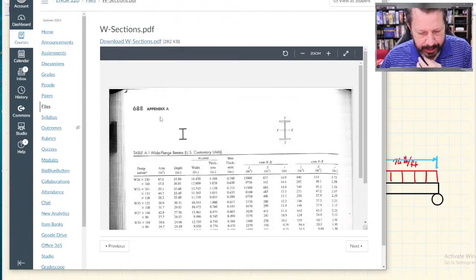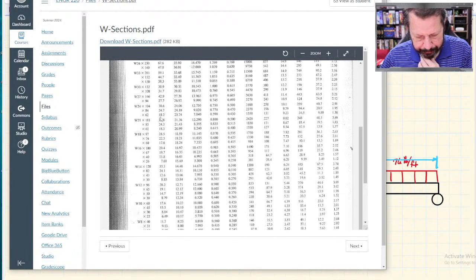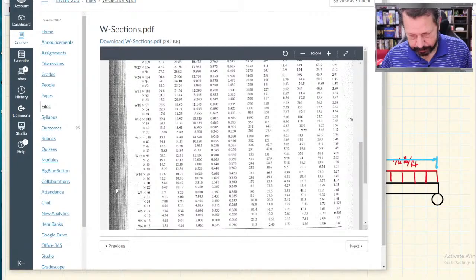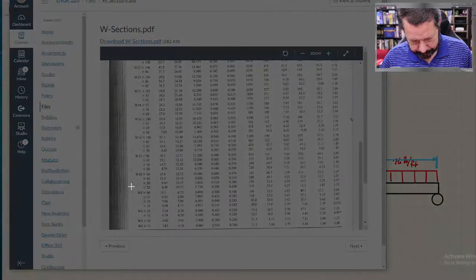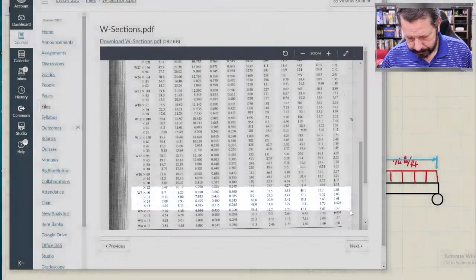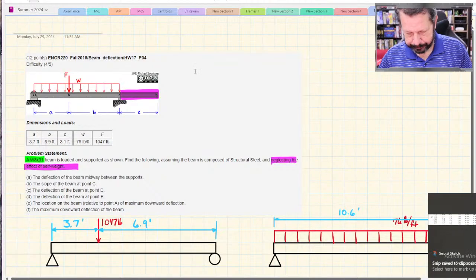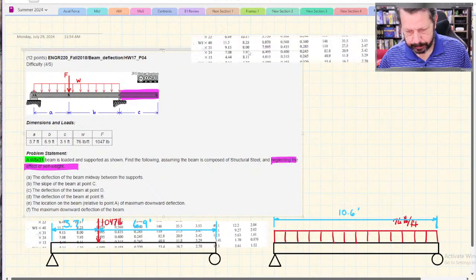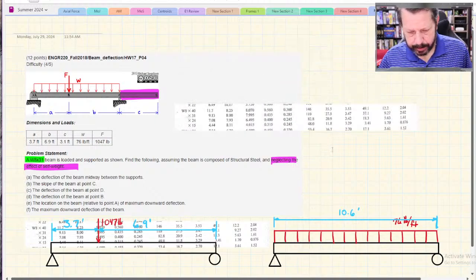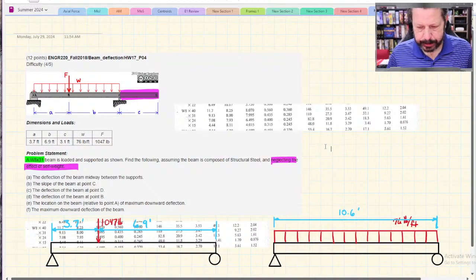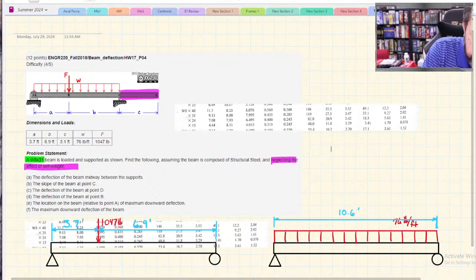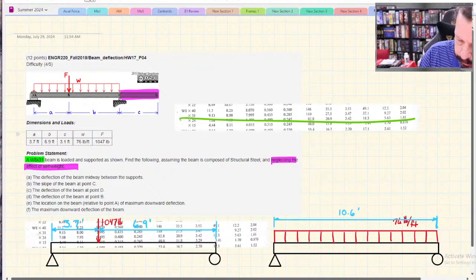And we need the W8 row. There's several rows. It's W8 by 31, so that gives us that row.